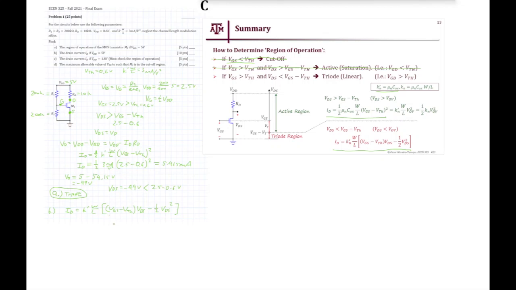Okay? And we have everything we need to solve for ID. Now we need to solve for VDS. But remember, we already did that.